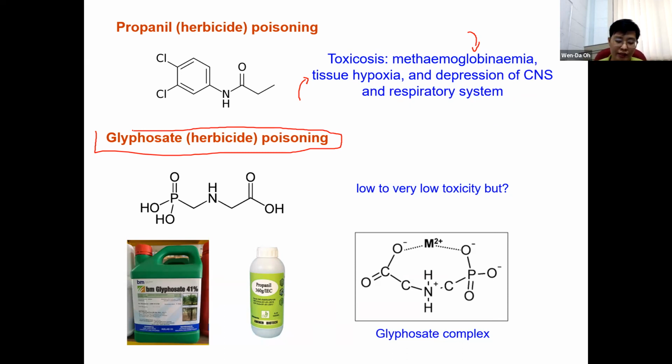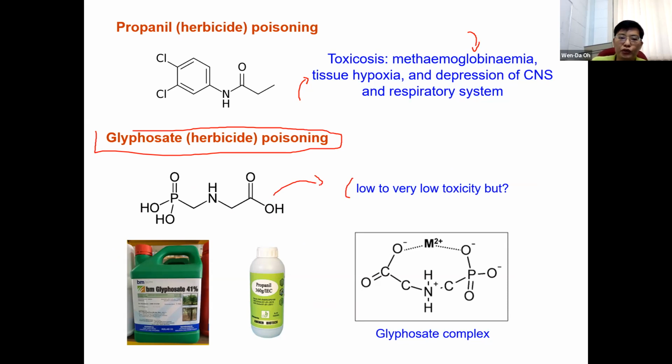Because glyphosate is one of the chemicals that has caused issues to public health, right? This glyphosate has low to very low toxicity. If you look at the dose-response relationship, you will find out that this kind of chemical is actually not so toxic. But then, as chemists, we usually are not satisfied, right?